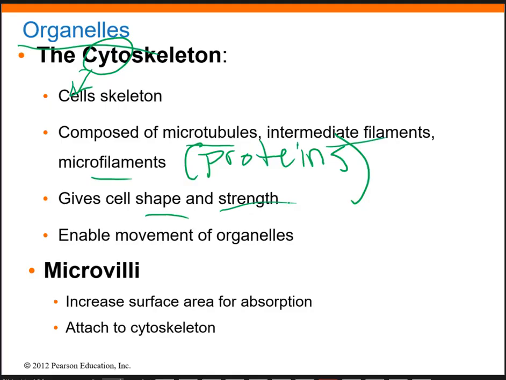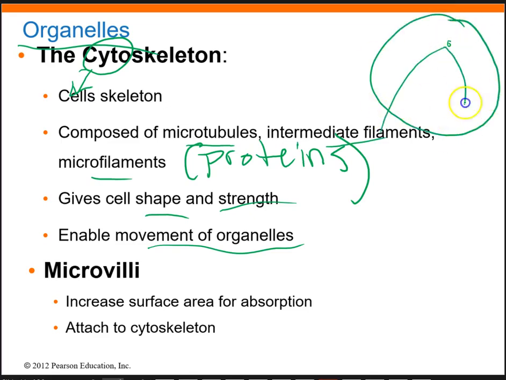The cytoskeleton also enables movement of some other organelles. Part of the cytoskeleton radiates out around the cell, kind of like the spokes on a wheel. If you look at a bicycle wheel, the thin spokes, the wires, radiate out from the center and give strength. Our cytoskeleton radiates out like that.